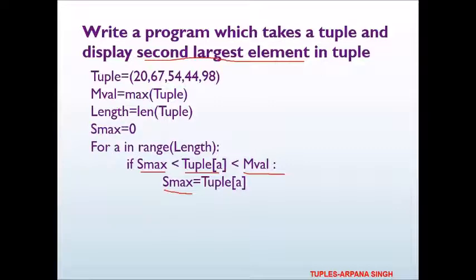So next time it will take up the next element, and so on. The same comparison will be done and replaced accordingly if the condition is matched. Finally, when it comes out of the loop, it will print the largest and second largest element. You can use brackets here if you are using Python 3+.